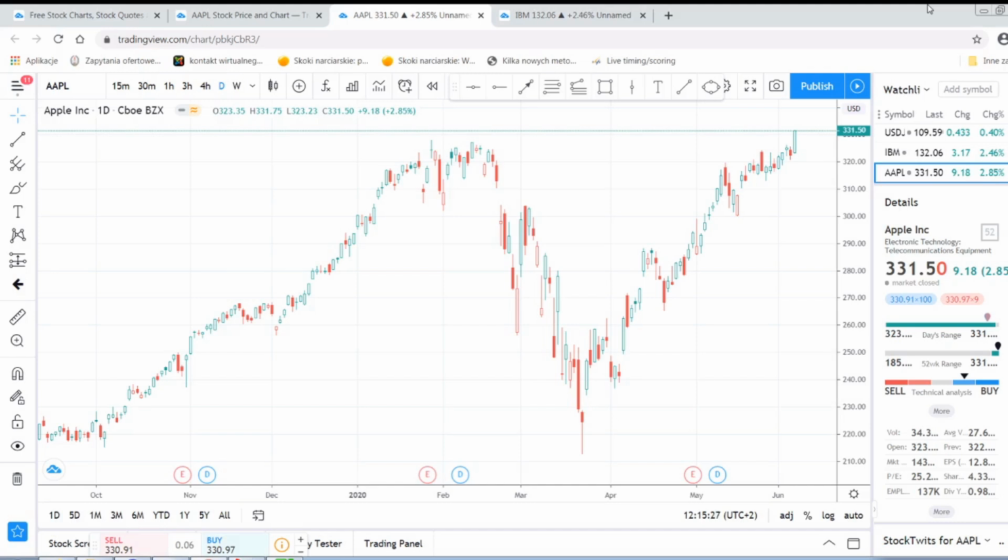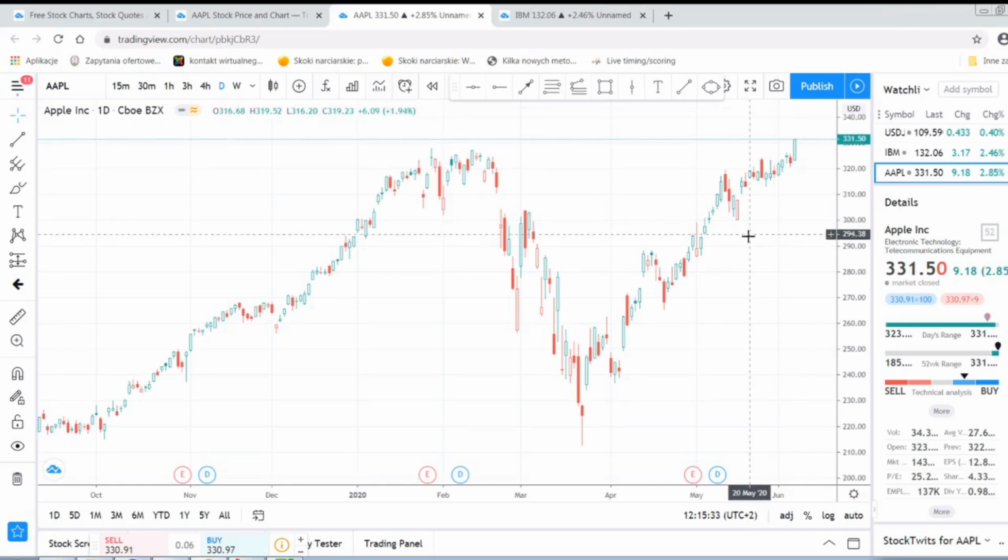So I've got in front of me the chart of Apple, of Steve Jobs, who passed away not long ago. So let me show you how to start. First things first, all depends on what scale you want to trade.